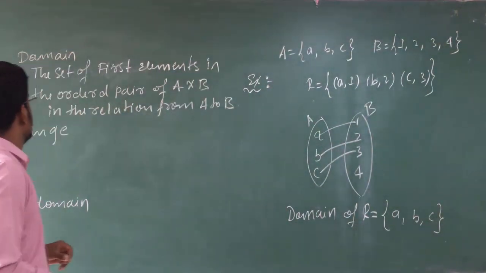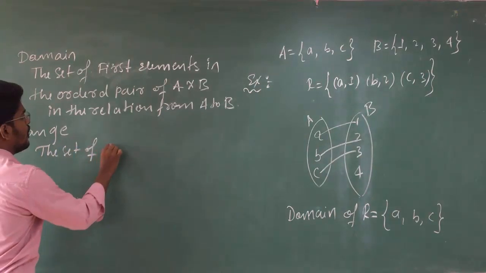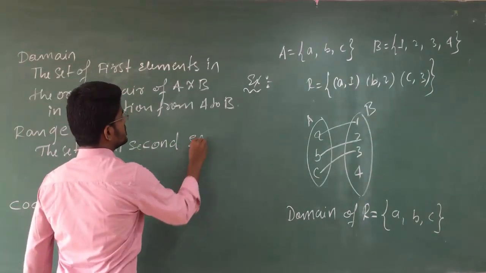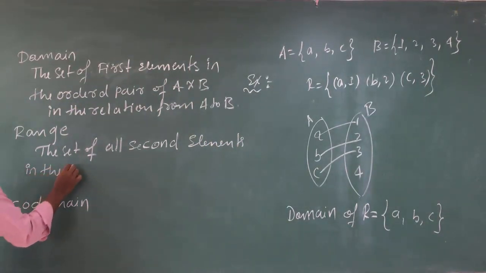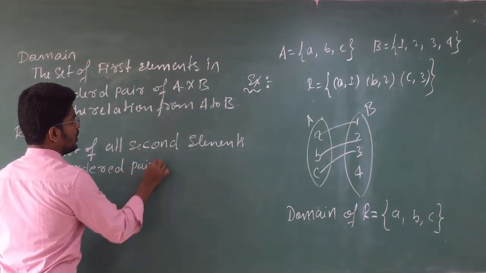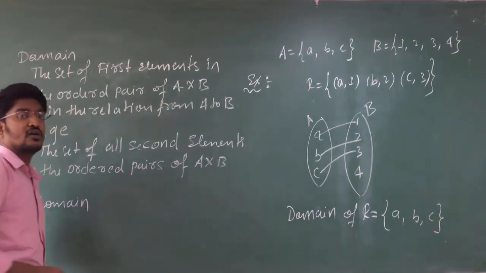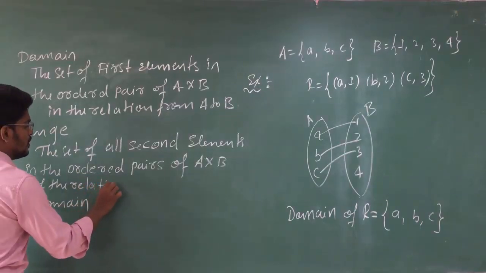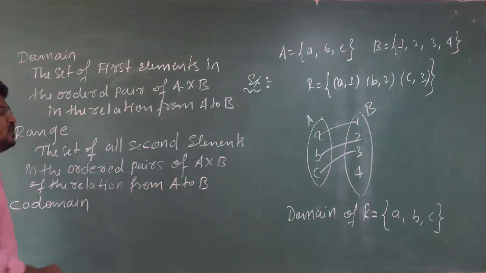Clear? Okay. Next, range. Range is again the set of all second elements in the ordered pairs of A cross B of the relation from A to B. Clear?